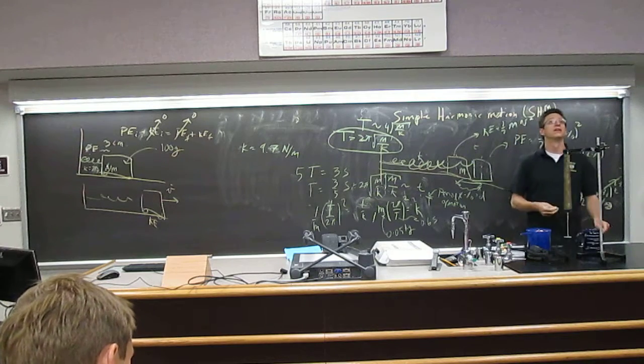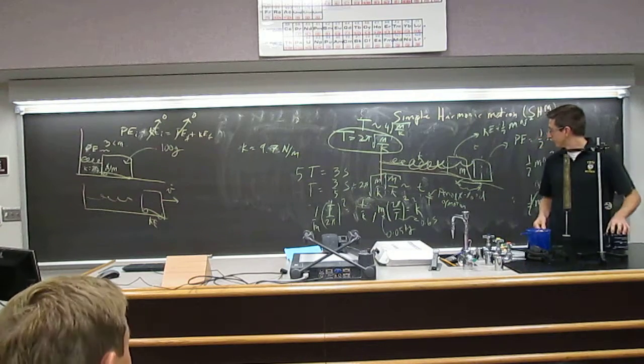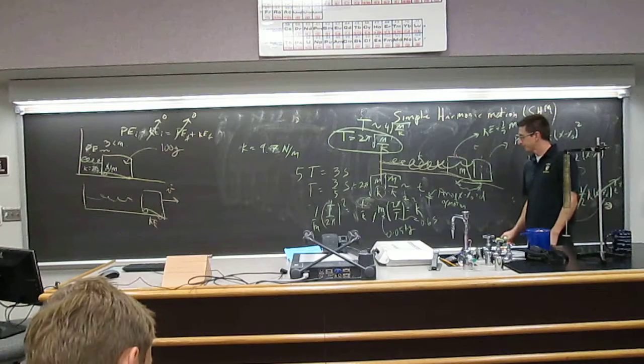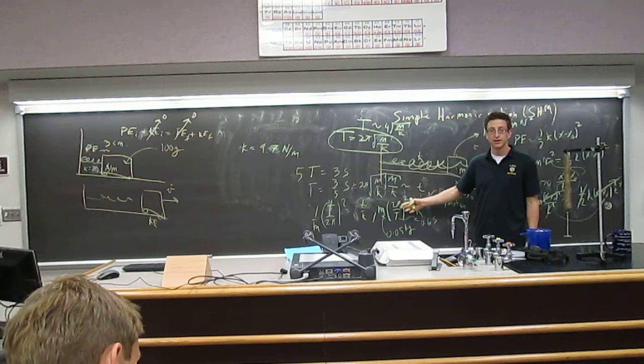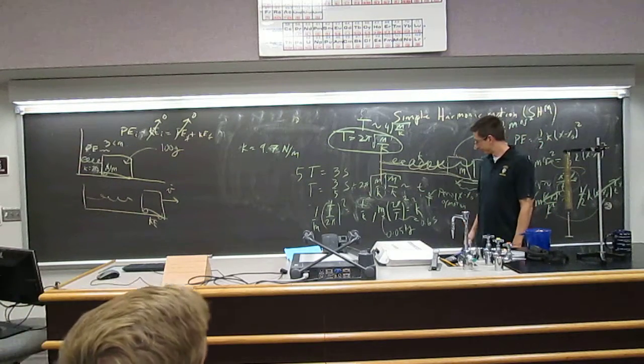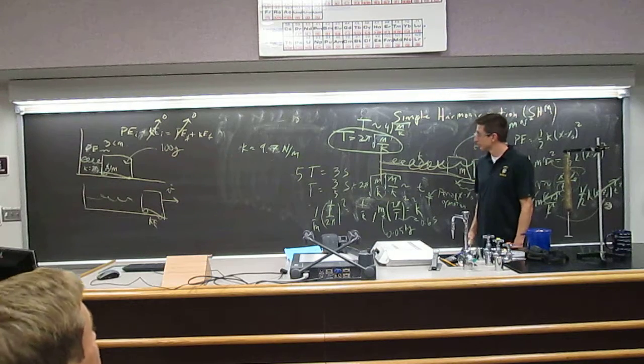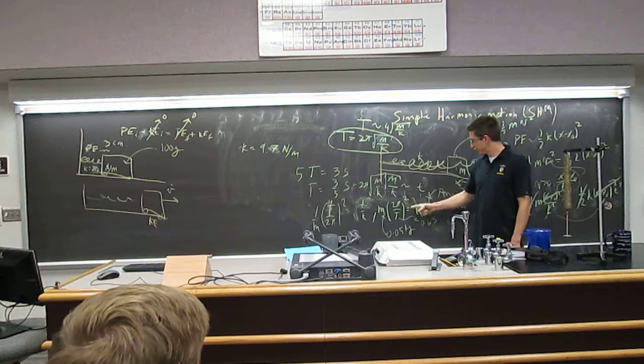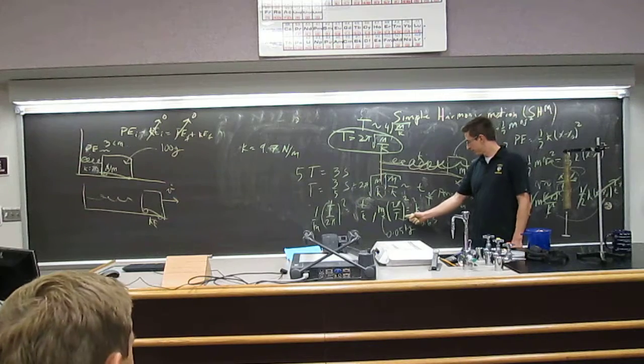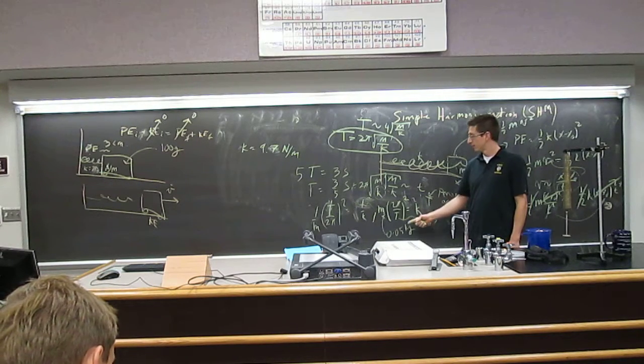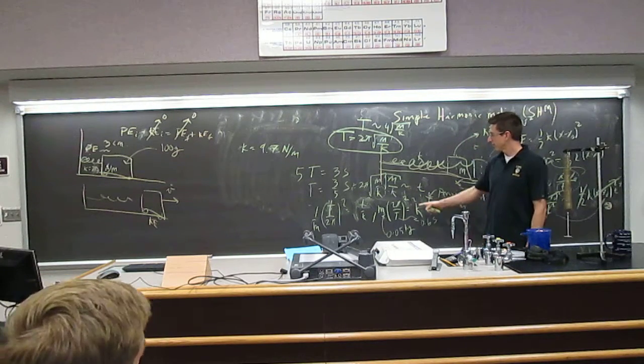Is that a comma after the k and then m? Should it be m divided by this? Oh, never mind. I think we're good.